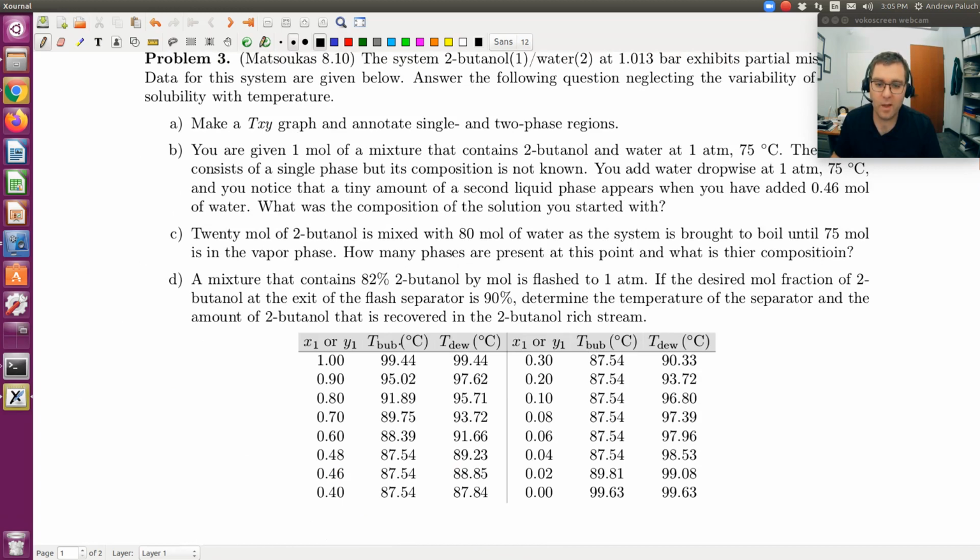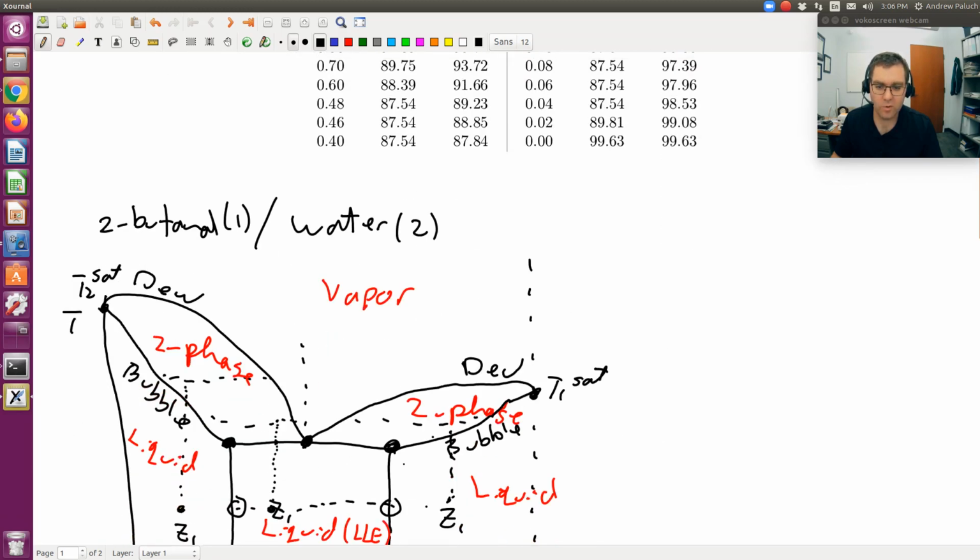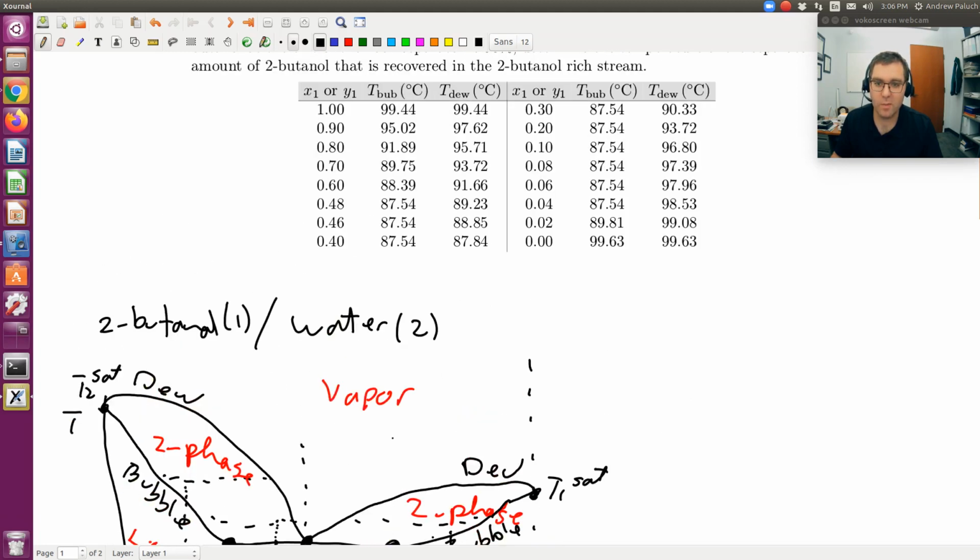If I were to plot it, remember for my bubble line I read X, and for my dew line I read Y. So I'd have T versus X and T versus Y, and the same thing over here. What you should notice is I said there'd be this flat region of your bubble line for partially miscible systems, where that would give you the two mutual solubilities.